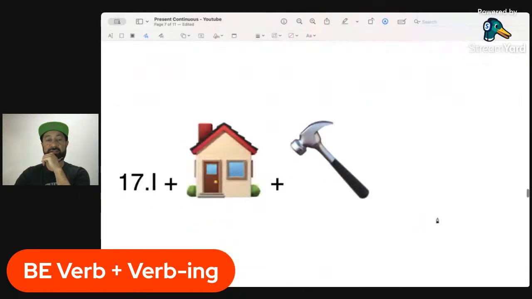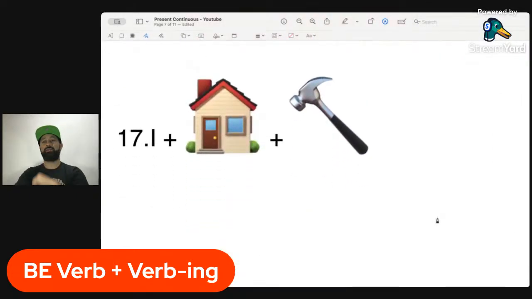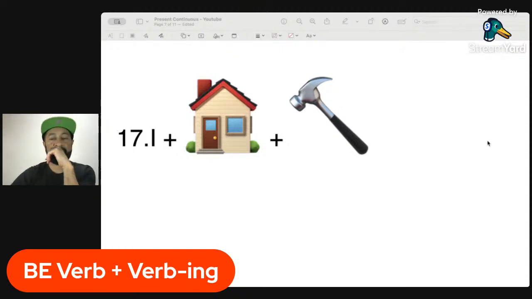Okay. What about this one? Number 17. We've got a house. We've got a hammer. Bang, bang, bang. No, we're not going to be breaking the house. All right, what is the answer for number 17?